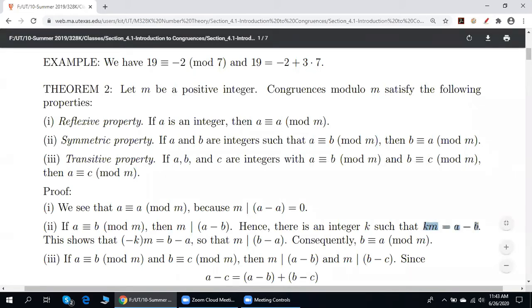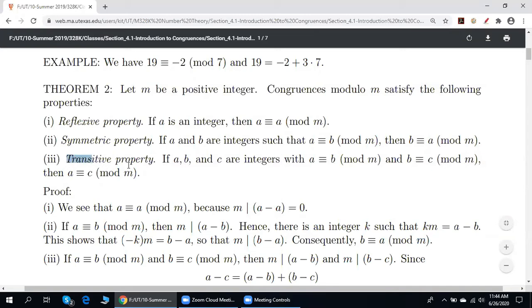Multiplying both sides by -1, we get this. And now, according to what we see over here, b minus a is an integer multiple of m, means b minus a is divisible by m, which means b is congruent to a modulo m.